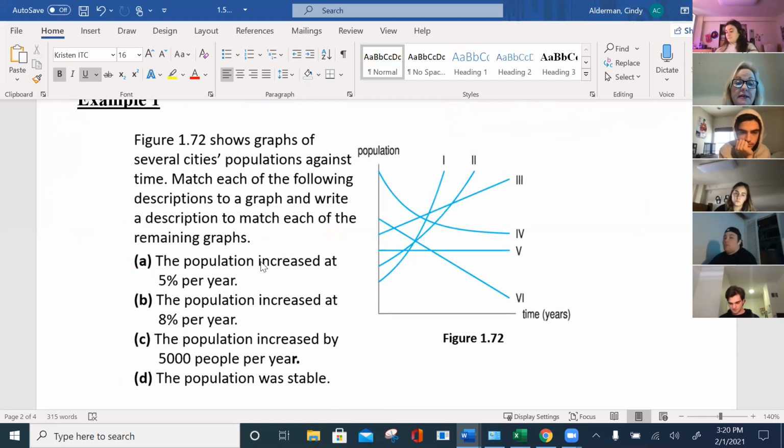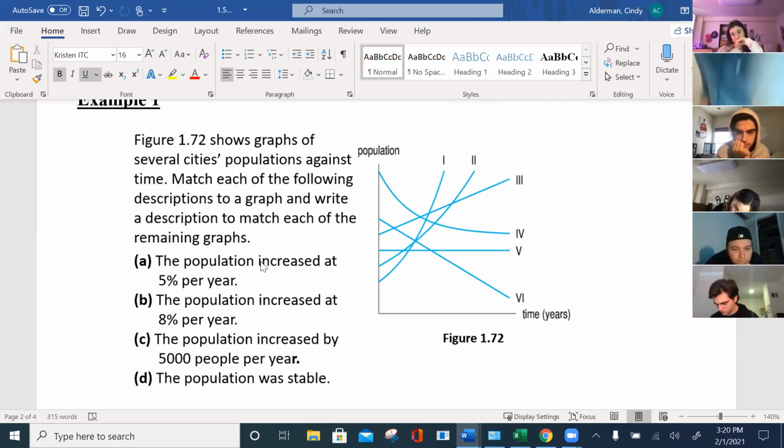Let's see if you can just do the matching, and then we'll write a description for the other ones in a minute.